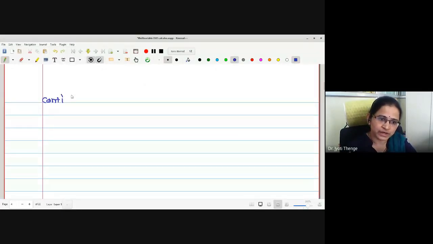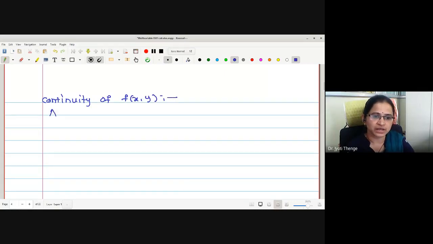Continuity of a function of two variables, f of x, y. Okay, here let me write the definition. A function is said to be continuous at a point (a, b) of its domain.